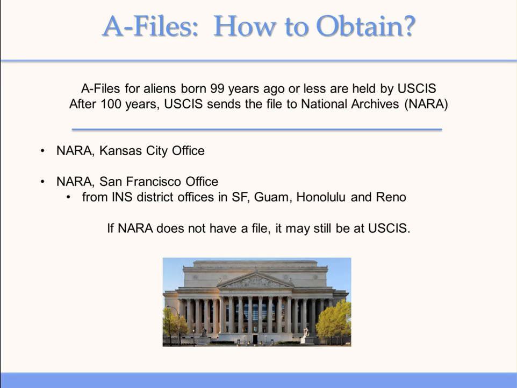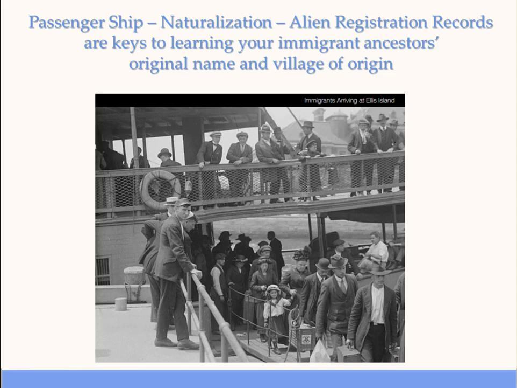If your ancestor was born more than 100 years ago, USCIS should send the file to the National Archives and it would be in their Kansas City office. However, if the National Archives does not have the file, it may still be at USCIS, so you may need to check both government offices.